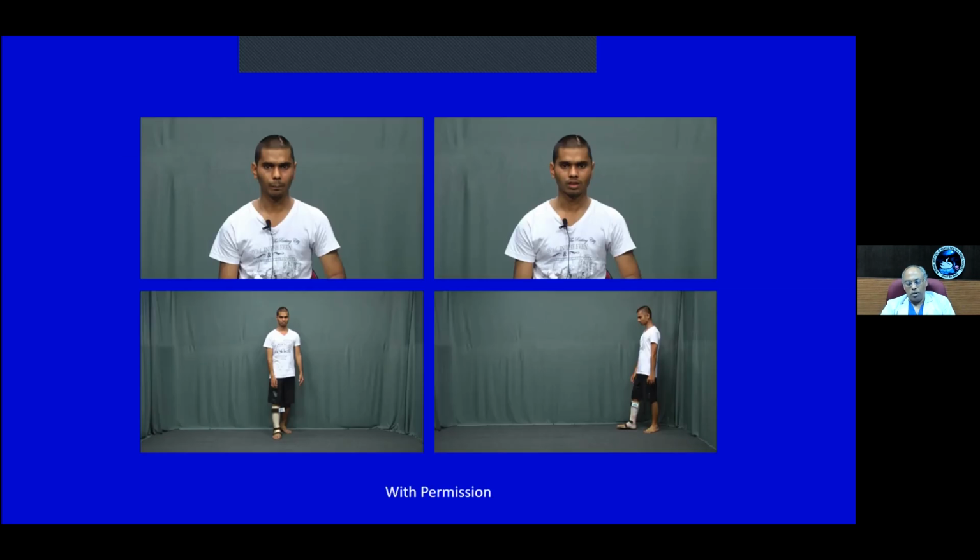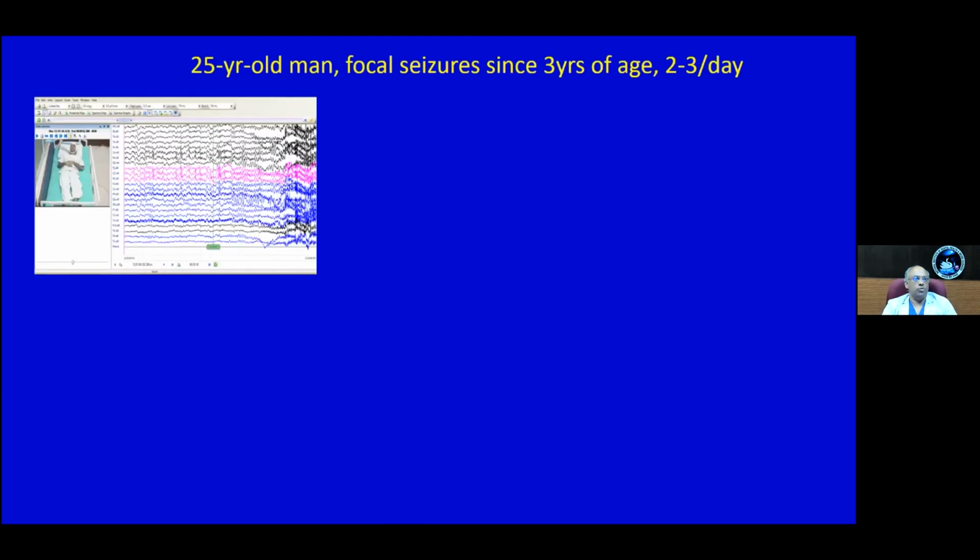As we understand, if the posterior bank is preserved, there will be a recovery of function. So with intense and extended rehabilitation over a period of time, he recovered from his deficit.